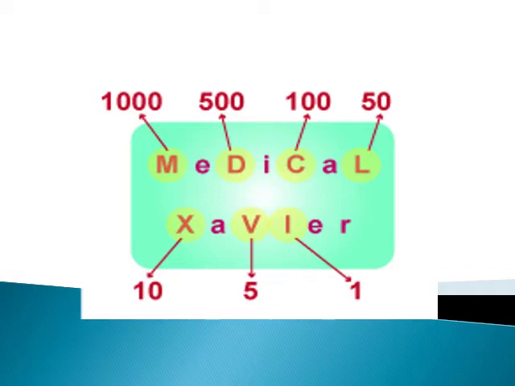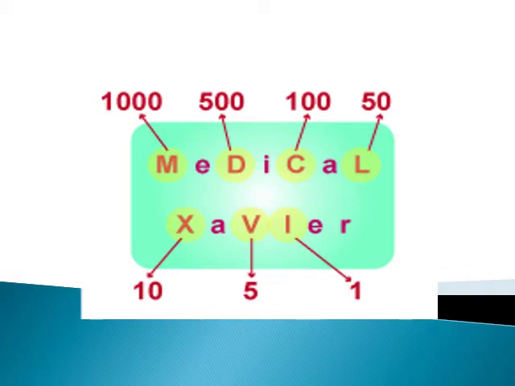So in the word medical, M relates to the value of the Roman numeral M, which is equal to 1000. D has got 500 assigned to it. The value of C is 100. The value of L is 50. You remember that X value is 10. Value assigned to V is 5. And the value assigned for I is 1.